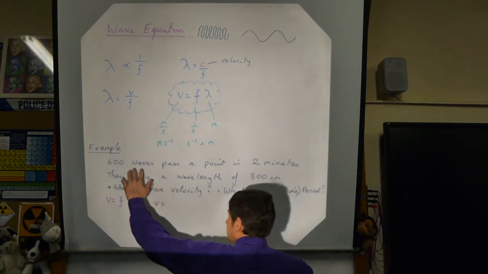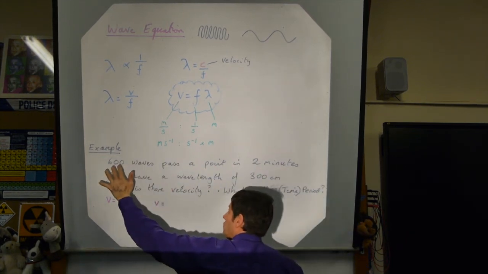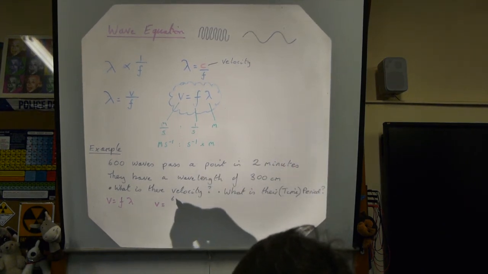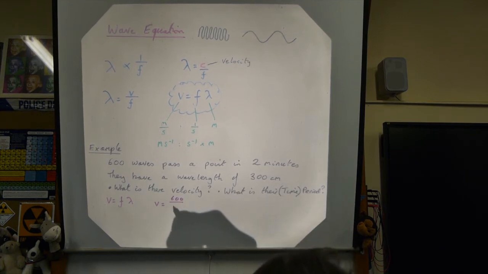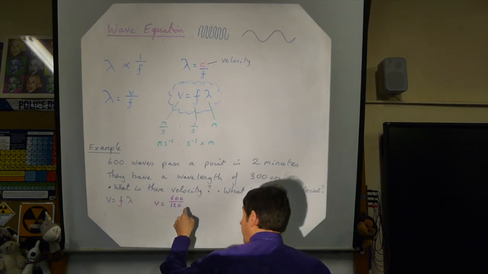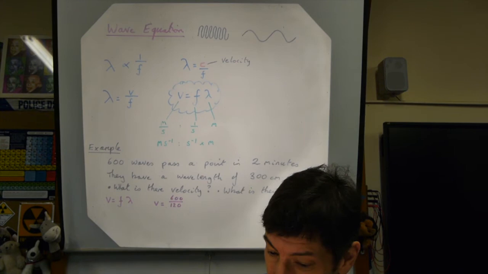Okay, 600 waves in 2 minutes. So how many waves per second? Well, 600 divided by 2 minutes, 120 seconds. Okay, and that number is 5. So their frequency will be 5 hertz.